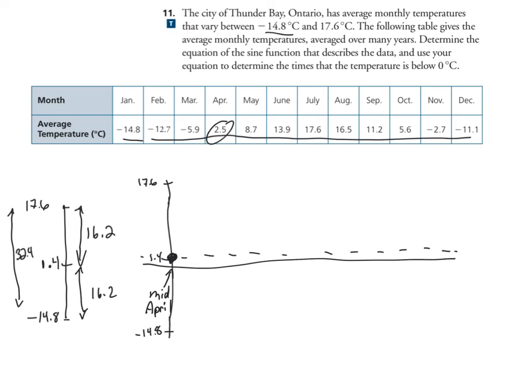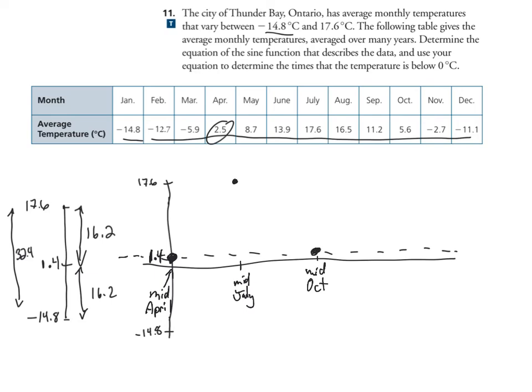Now I know that it's 2.5, but 1.4 is really what this sine curve is going to give us. So we're going to be off by a little bit. And then by the time we get to, let's see, April, May, June, July, mid-July, then we're going to be up at 17.6, and then we're going to call this August, September, October, mid-October maybe.